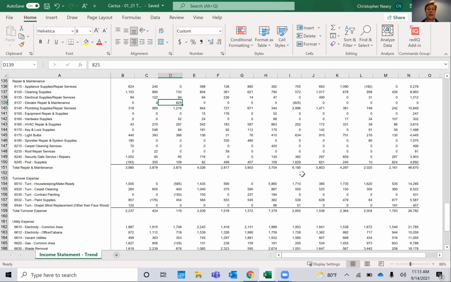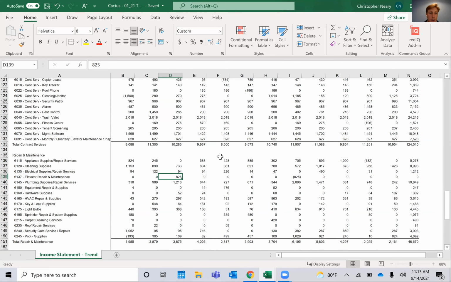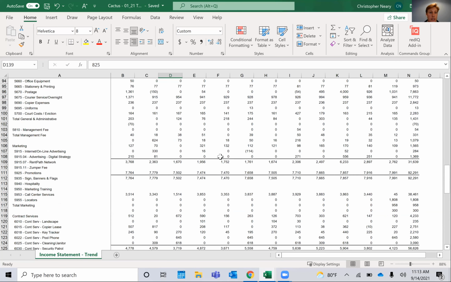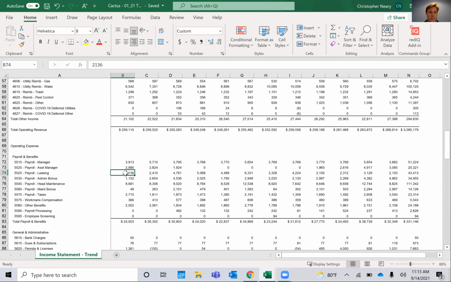If we see that payroll, let's go back up here. Say this is a brand new deal, a 2021 build, and they are trying to stabilize the deal, meaning getting the occupancy at or above 90%. We're going to see this leasing person have an extremely high number.